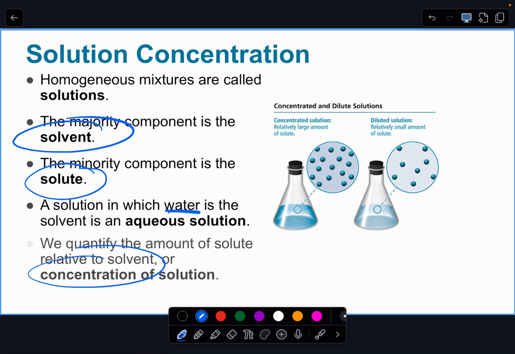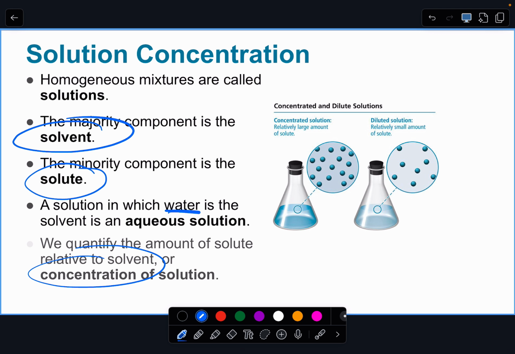So in this picture, you see if there's less solute particles in that same amount of liquid, we would call this dilute or less concentrated. And the more particles there are in that same volume, we would say it's more concentrated. Those are very vague terms, right? Those are conceptual terms, qualitative terms, not quantitative.